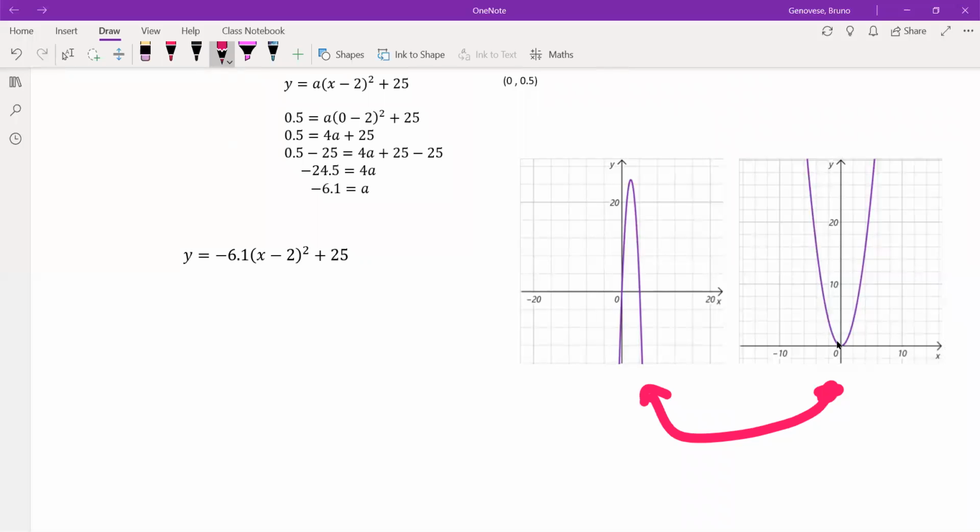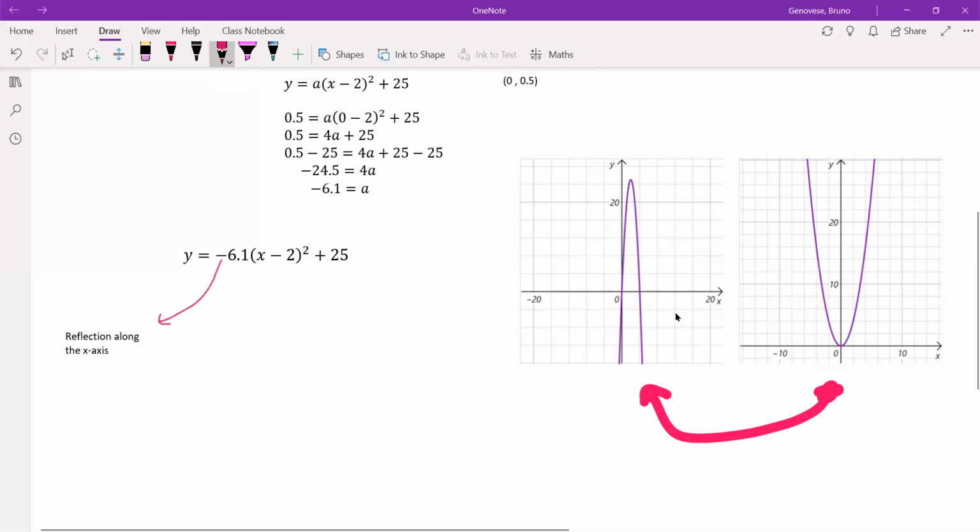Clearly, the parabola has reflected. Instead of opening upwards like the parent, it's opening downwards, and that's because of the negative sign. So we have a reflection in the x-axis.